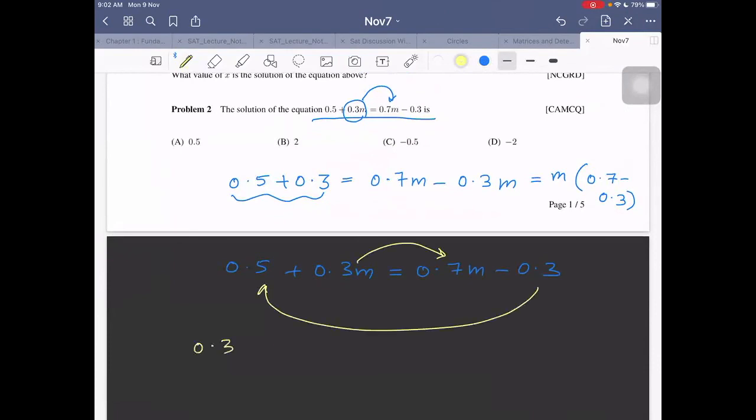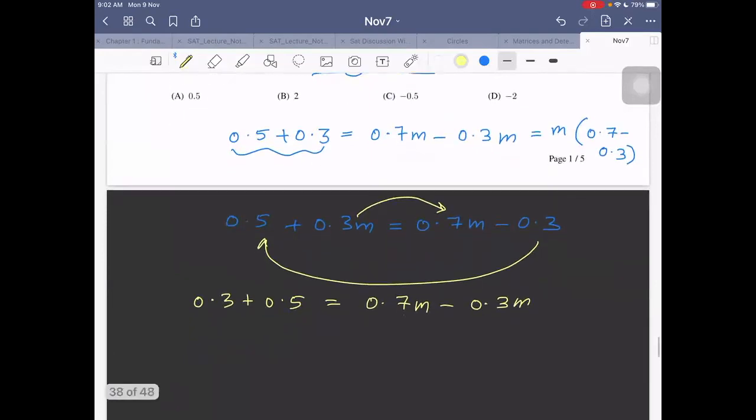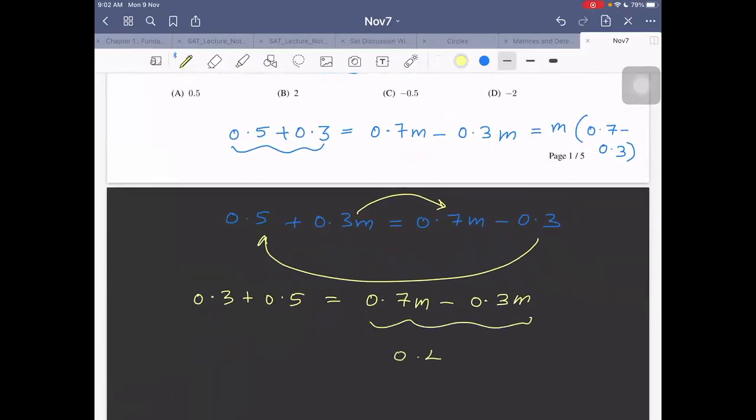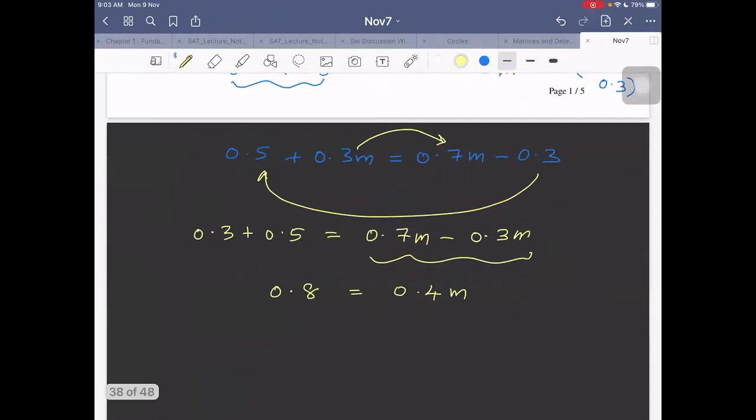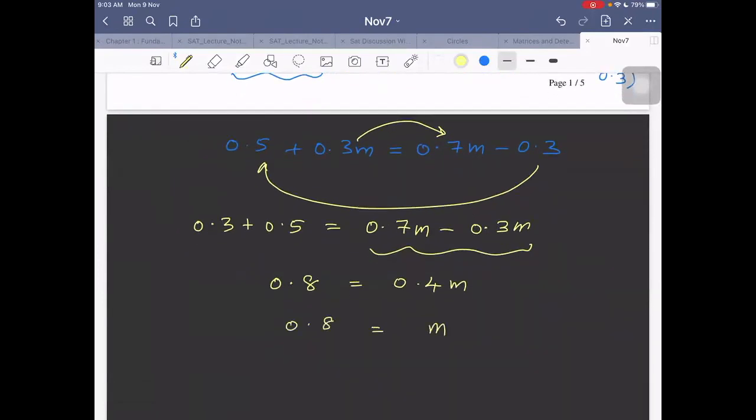We have 0.3 plus 0.5 is equal to 0.7m minus 0.3m. You just simplify this, it becomes 0.4 times m. Here it becomes 0.8, and your m becomes 0.8 divided by 0.4, which becomes 2. Cool, right?